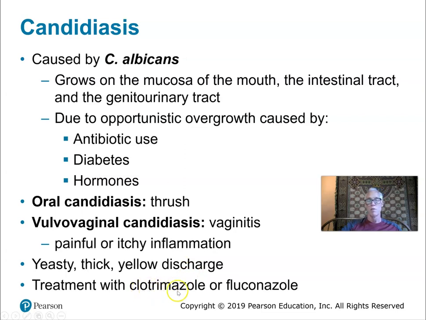Treatment with clotrimazole or fluconazole, some good solid anti-mycotic drugs. Get those yeast back under control. Miconazole has traditionally been an over-the-counter treatment for yeast infections in the vagina. I forgot the name of the product. Anyway, I'm sure you've heard of it.